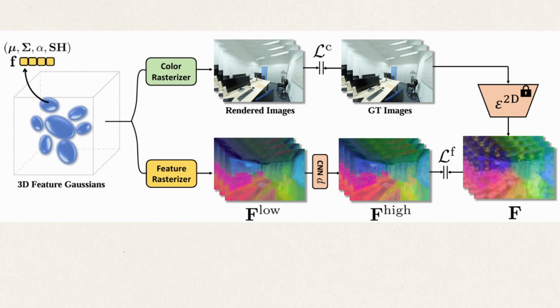We compute that loss and then we update the DINOv2 model. We don't touch the Gaussians, nor do we change the decoder. We are softly steering the 2D model toward something that aligns with the 3D aware world.